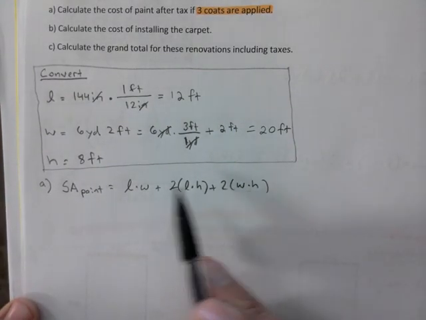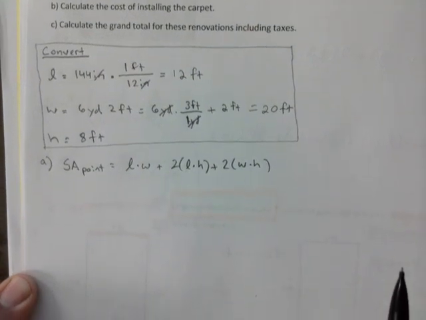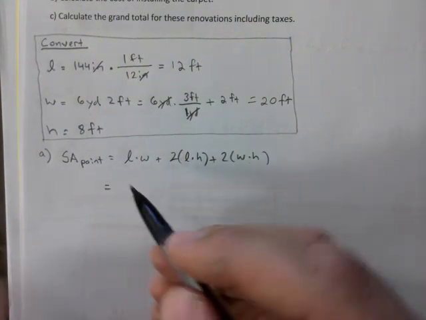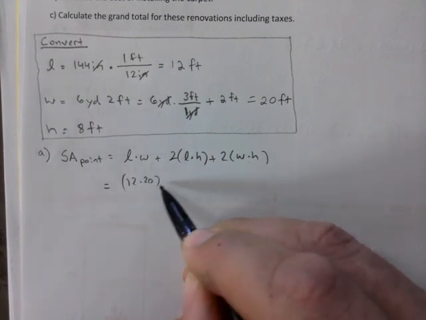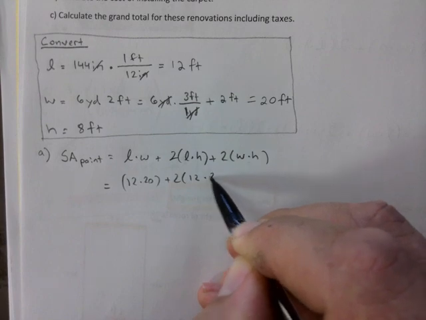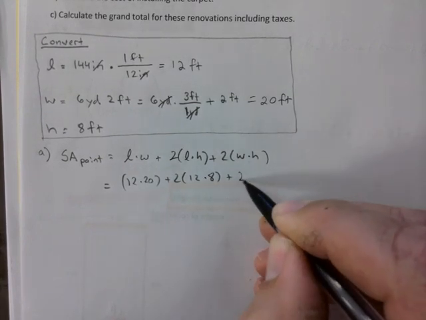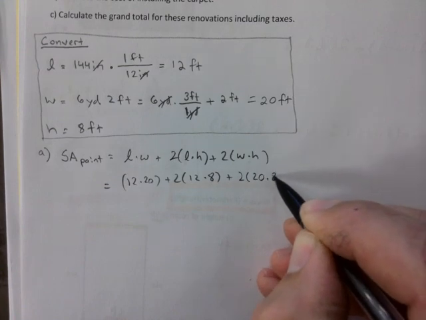So these are my walls, and this is the ceiling. Okay. And so we go 12 times 20 plus 2 times 12 times 8 plus 2 times 20 times 8.